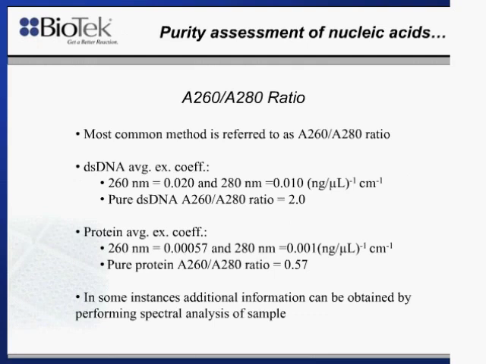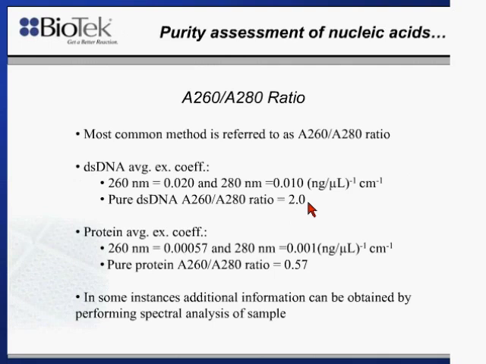If we look at the average double-stranded DNA coefficient at 260 nanometers, it's about 0.2 nanogram microliter per centimeter, and at 280, 0.1. And so that gives us an expected ratio of 2. Most folks are typically looking for a pure dsDNA sample to have a ratio between 1.8 and 2.